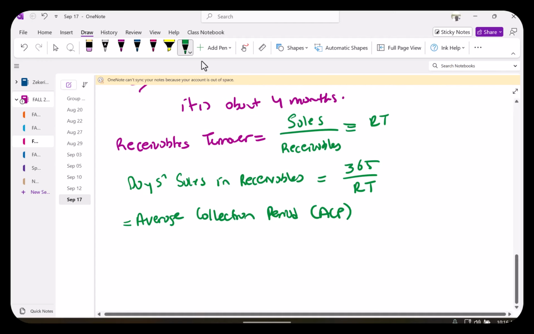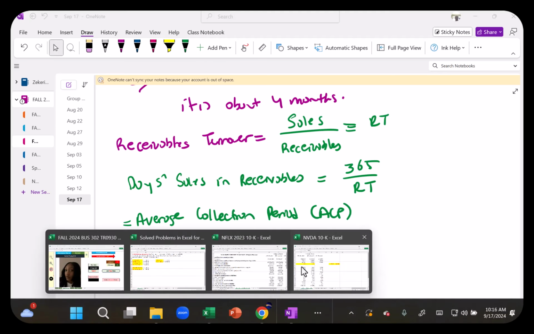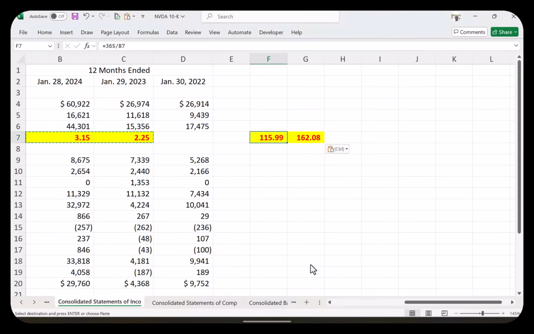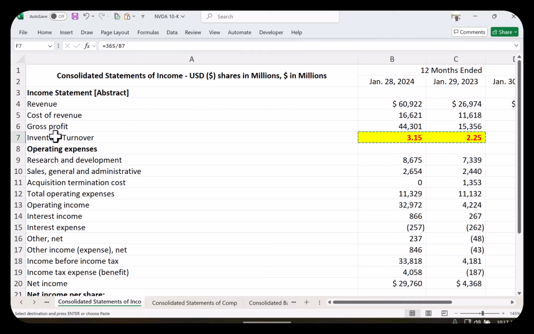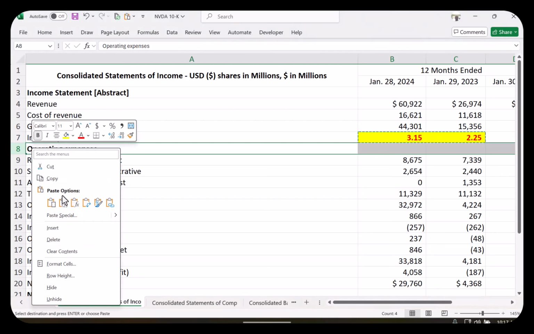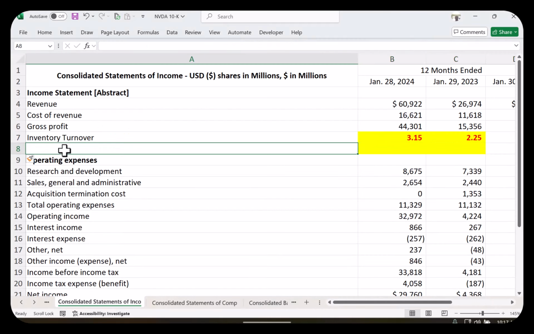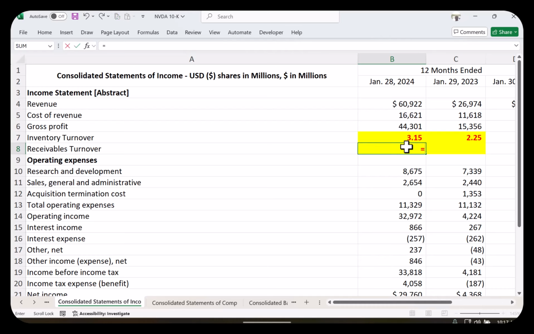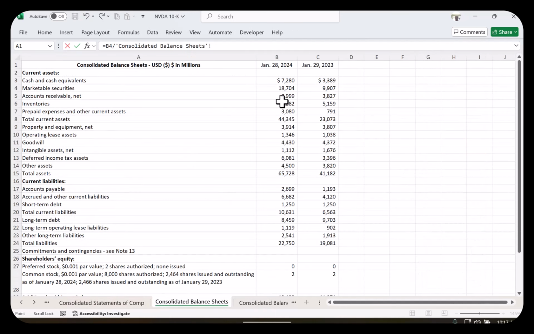Let's calculate receivables turnover for NVIDIA for the 2 years of data we have. I'm going to take the revenue this time, not the cost of goods sold, divide that by accounts receivable.